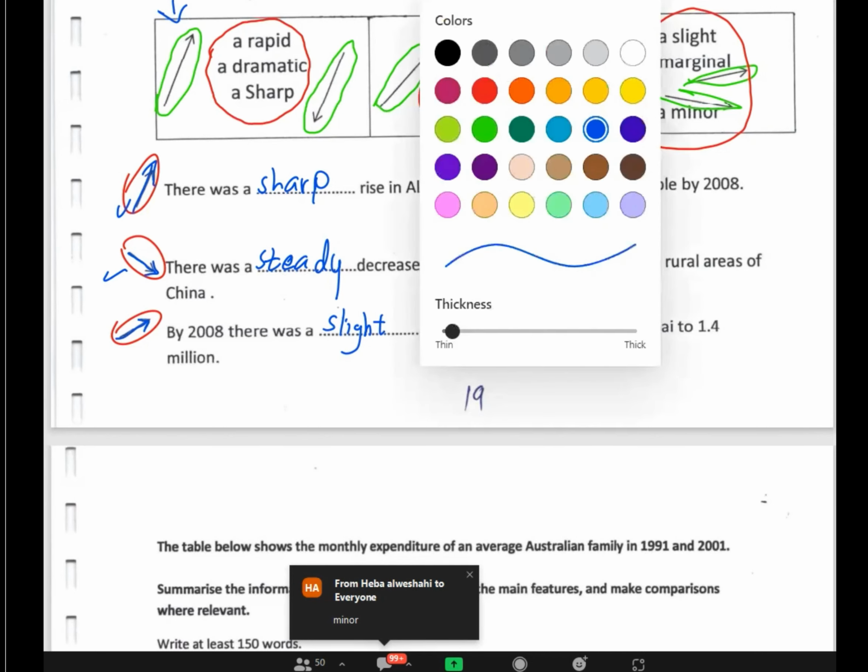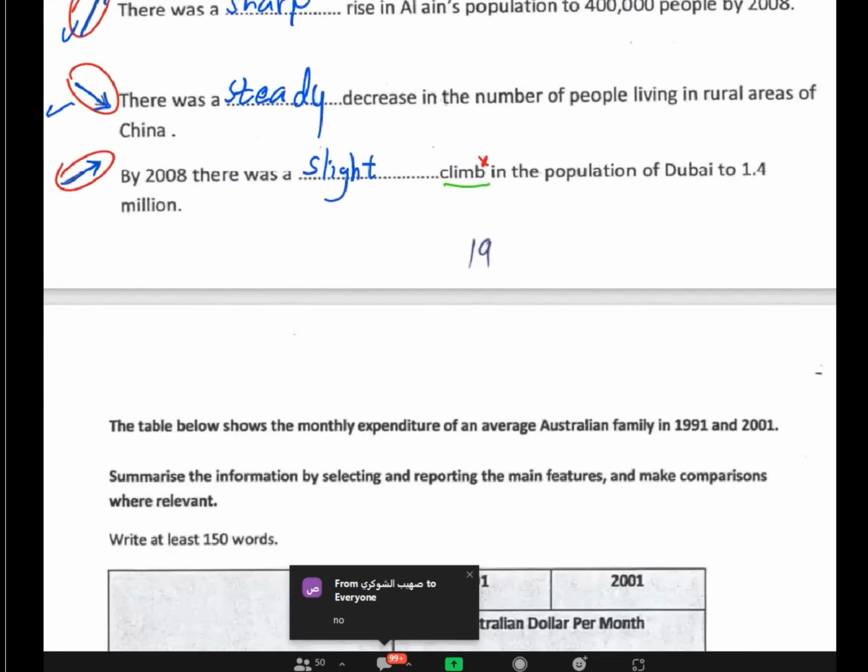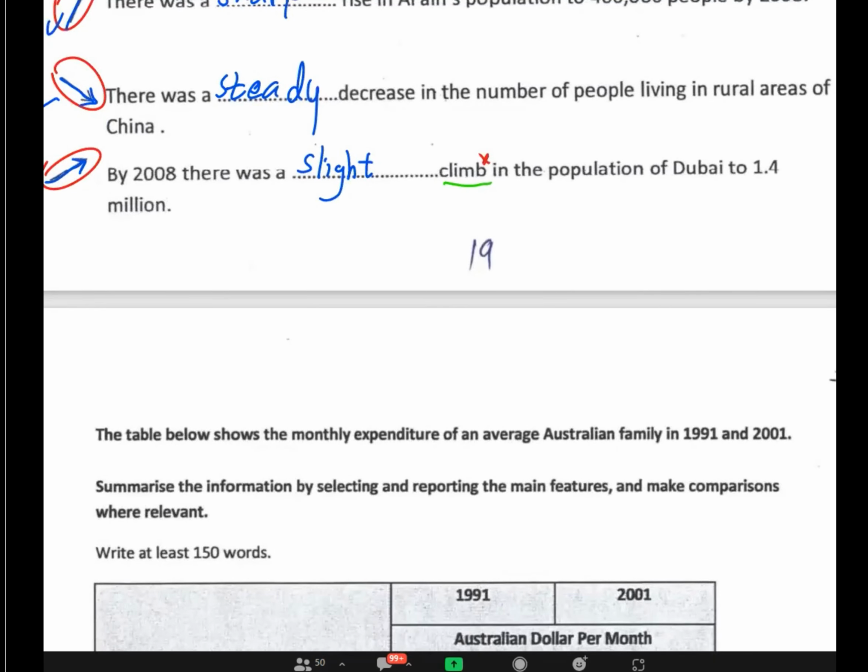Now, the word climb, do we pronounce the B in climb? No, the B is silent. When the B comes after the M, the B is silent, always. Can you give me more examples? Come.